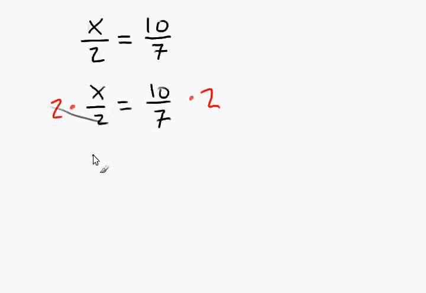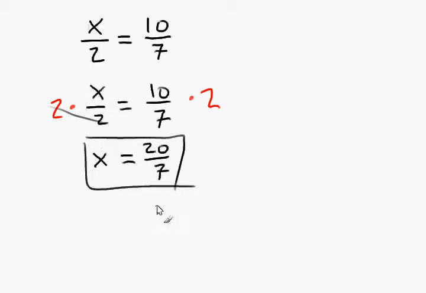These cancel, and we're left with x is equal to 20/7. That's our solution. It's not a whole number. That's fine. Likewise, ratios don't need to have integers in them.